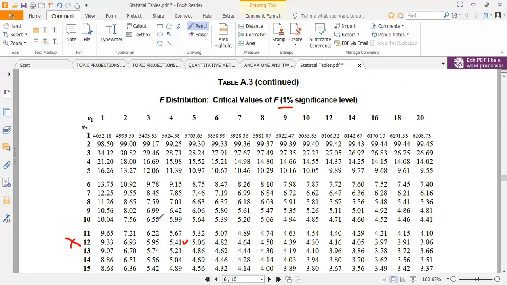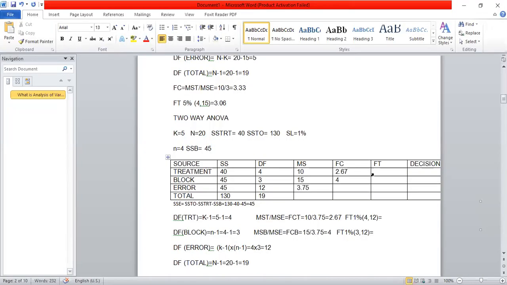And 3 comma 12: 5.95. So what do we put here? What did we get here? 5.41. Then here 5.95.